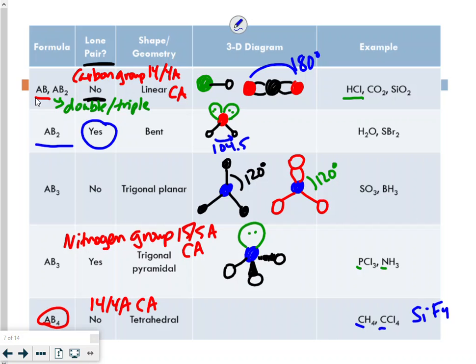Once again, you would draw this one with the 3-dimensional wedge and dashes. Let me pass around the classic model. This one flips and turns, is very symmetrical, like CH4, CCl4, okay? But it is 3-dimensional in nature.